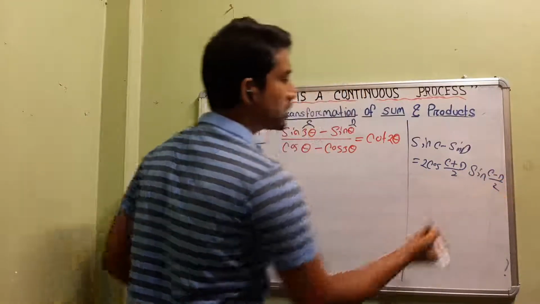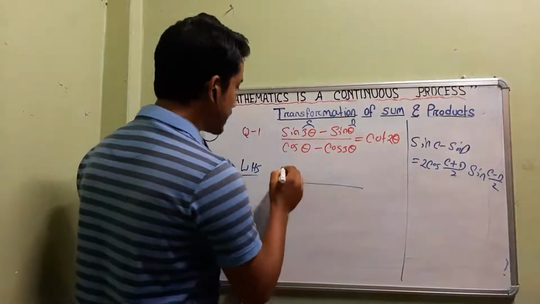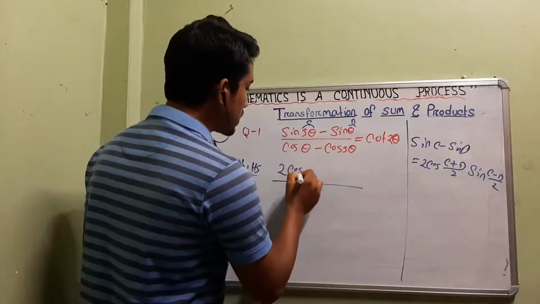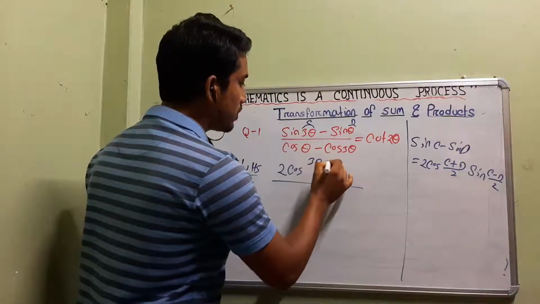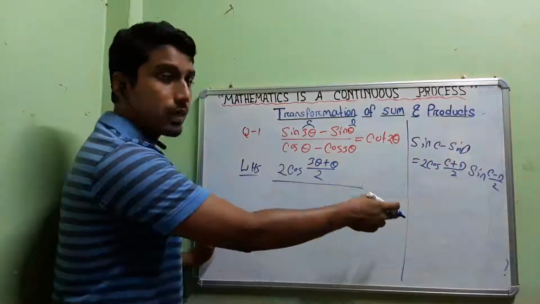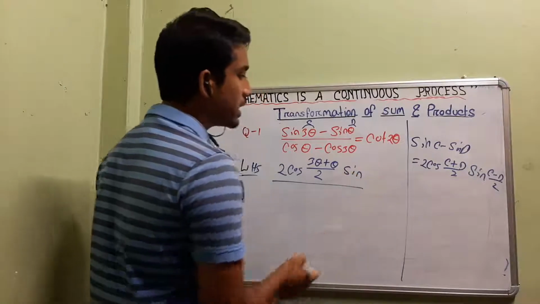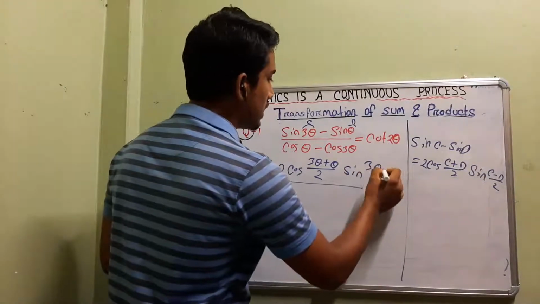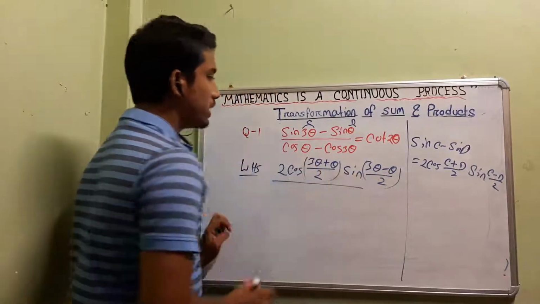So we'll apply the formula here: 2 cos, C plus D by 2, that means 3 theta plus theta divided by 2, into sin C minus D by 2, that means 3 theta minus theta divided by 2, in the numerator.